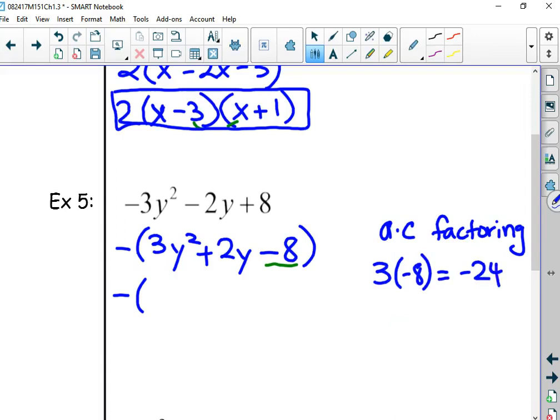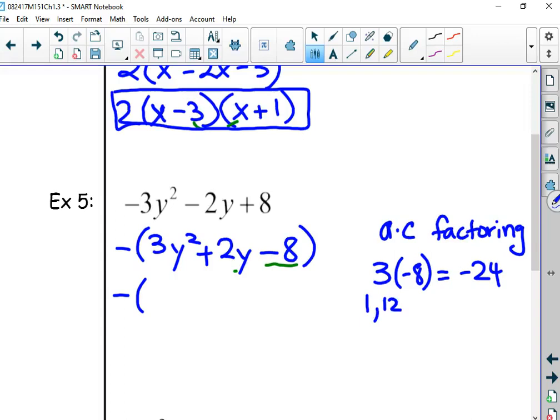So I get a -24. So I am looking for factors of -24 that will give me my +2 over here. So factors of 24, and I'm going to do subtraction because it's a -24. So factors of 24 that subtract to give me 2. Well, I've got 1 and 12. That's not going to do it.